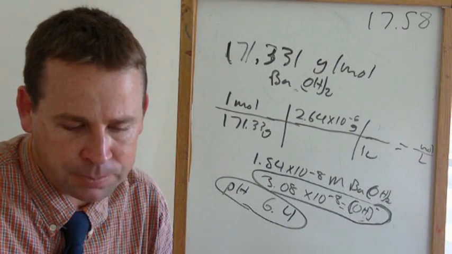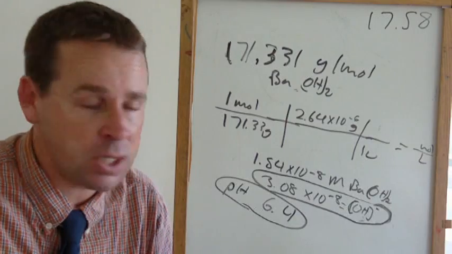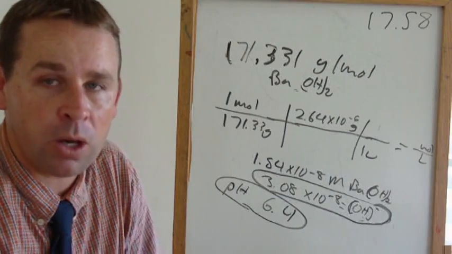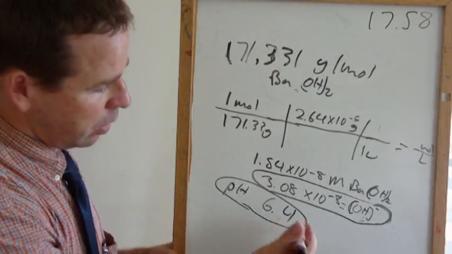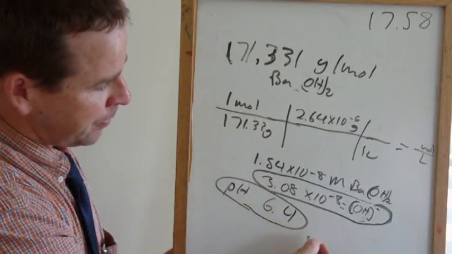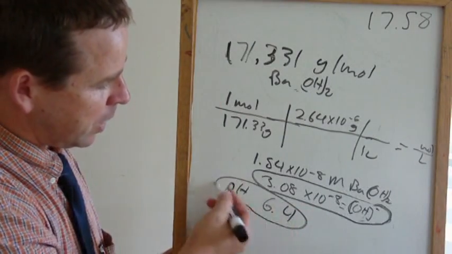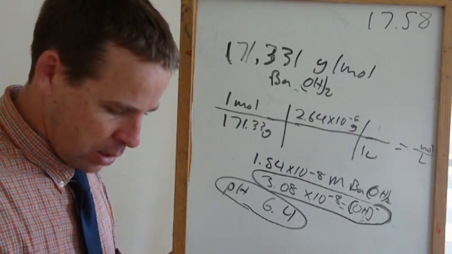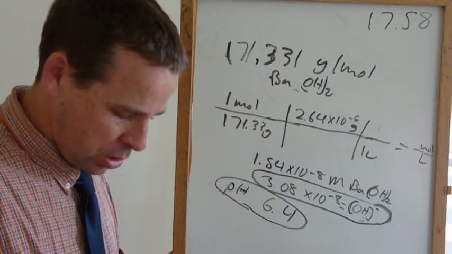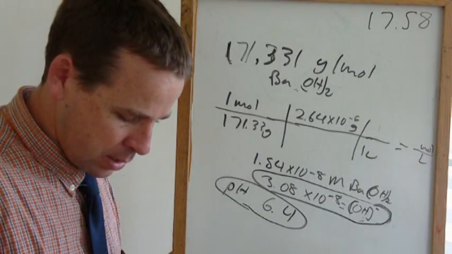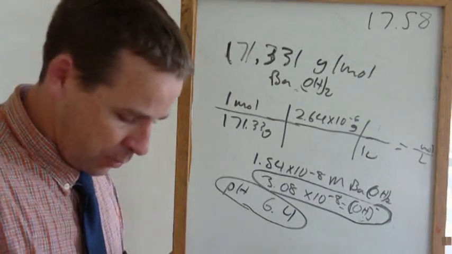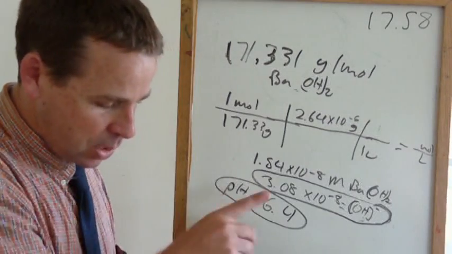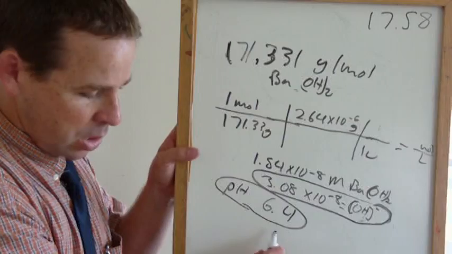So we have to also take into account the auto-ionization of water, because you see that this value is smaller than how much water auto-ionizes. So if we have the auto-ionization of water here, we can identify this pH here, 6.4, and 10 to the minus pH, 10 to the minus whatever the pH is, will tell us the concentration of the hydrogen ion in solution.